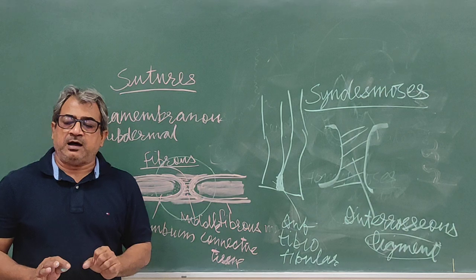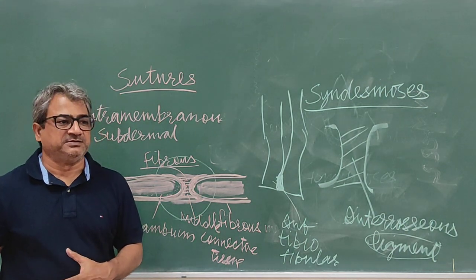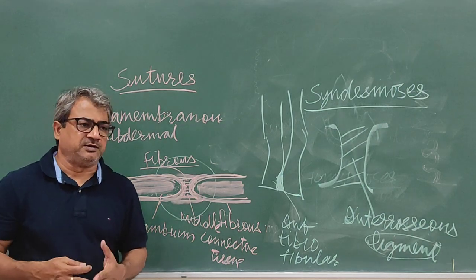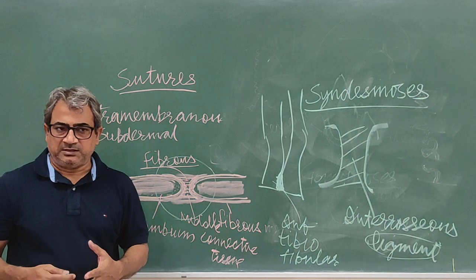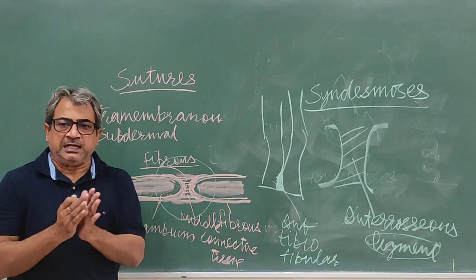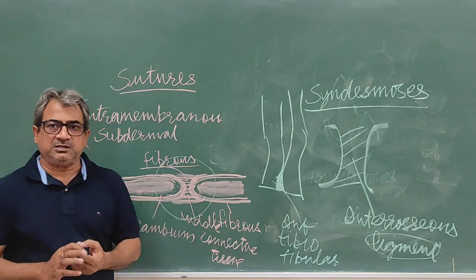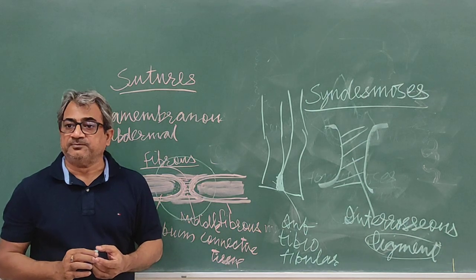Sometimes arthrology, the study of joints, is also called syndesmology. Syndesmology is another name which is not a very accurate name. Arthrology is the more accurate name which we use. That is when between the two bones, a tissue connects them together. You remember those desmosomes in the cellular epithelium?